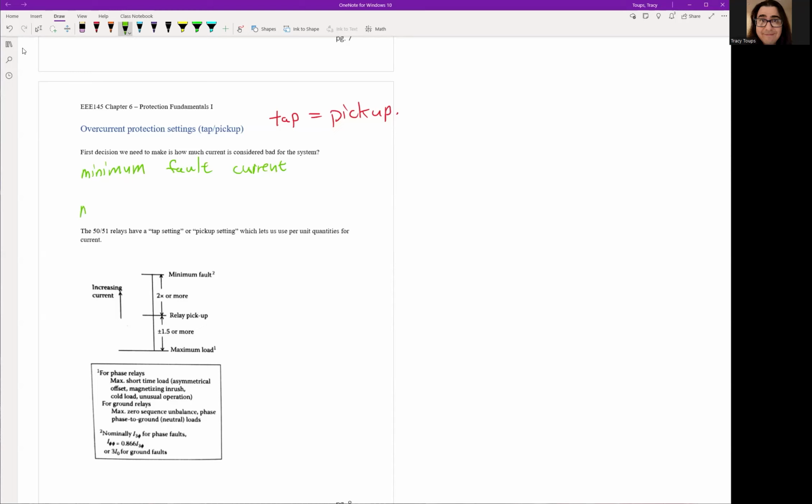The other part we need is a maximum fault current. Okay, this is literally a worst case scenario. So we've got to make sure our relay can act fast enough to get rid of the fault during a maximum fault event. So this is to make sure that the relay will act fast enough.